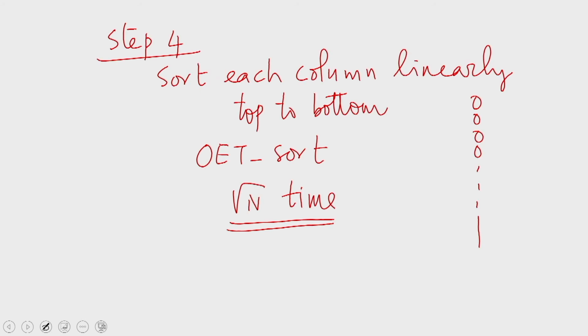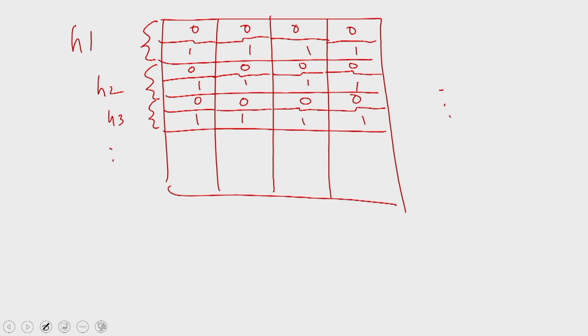Why is that? A vertical slice is made up of blocks of this sort. So this is one vertical slice. If you consider 2 columns belonging to this vertical slice, we find that they have approximately the same number of ones. That is, the contribution towards the number of ones in these 2 columns is approximately the same from each block. There could be a difference of at most 1.